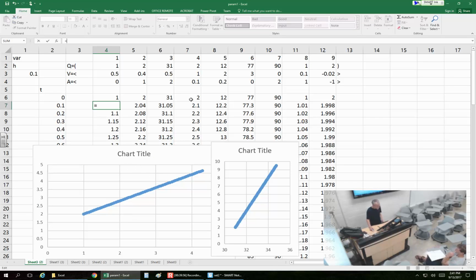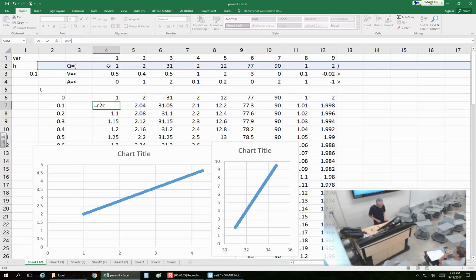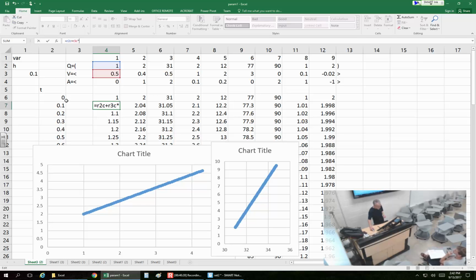So it will be the initial position, which is this one. So it will be rho 2c, okay, plus I take now the next one, which will be rho 3c multiplied by t, not h, multiplied by this thing.